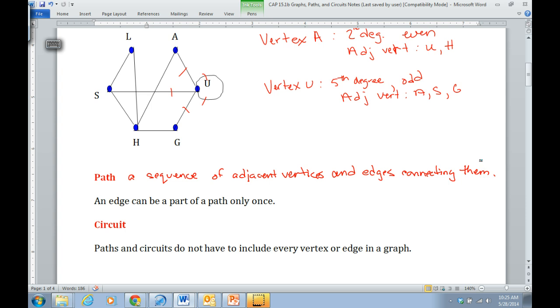Okay? So one of the things you need to know when thinking about a path, an edge can only be part of the path once. You cannot use the same edge more than one time.